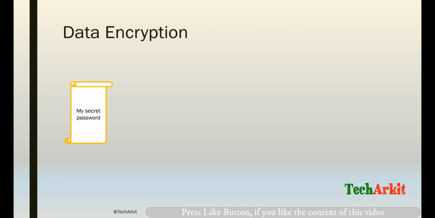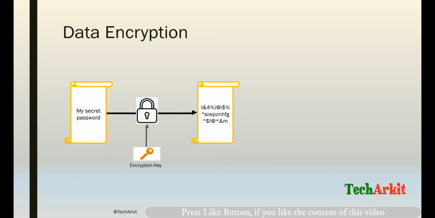What does it look like? If you write the same one, it looks like a plain text password which does not have any encryption enabled. But if you enable the encryption, the data looks something like this. If a hacker or some bad people get this file, which is an encrypted file, then using the encryption key, the data looks something like this.